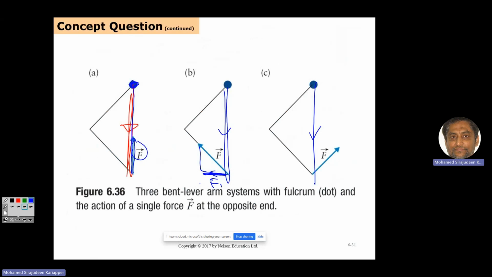So you have to start drawing the line from the black dot, where you want to take the torque, to where the force is applied. That is how you get the direction, not the other way around. You shouldn't start from where the force is applied. You should start from where you want to take the torque and draw the line to where the force is applied.